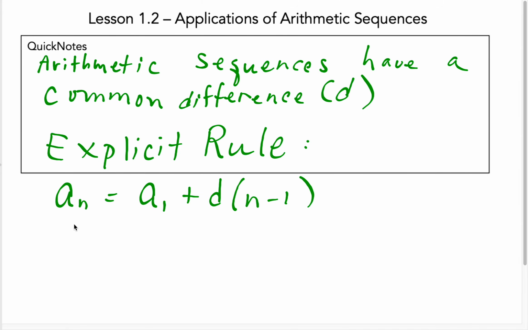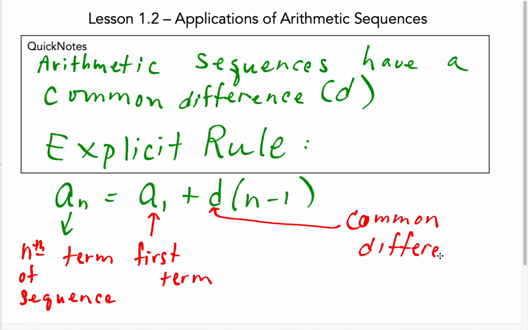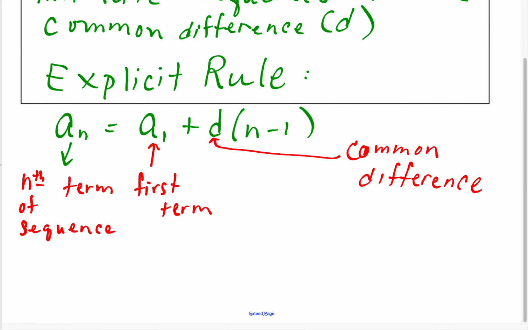That's what we just did. So I'm going to label some of this. a sub n, I want you to write down, is considered the nth term of the sequence. This is called the first term, a sub 1. We already know the letter d represents the common difference.